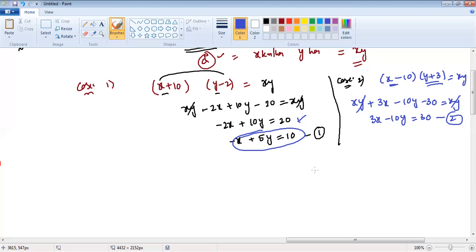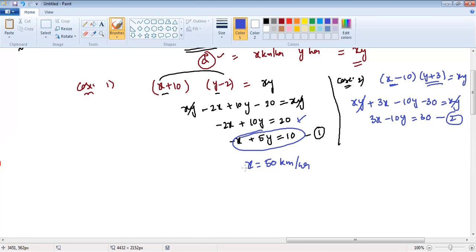X is 50, so the velocity x is 50 kilometers per hour, y is 12 hours, and the distance is 600 kilometers.